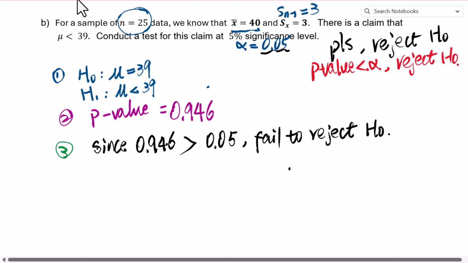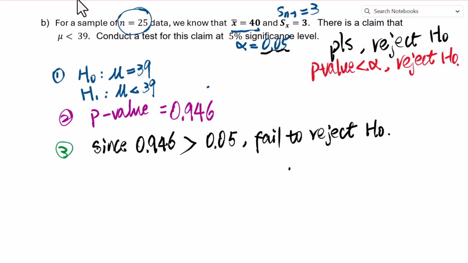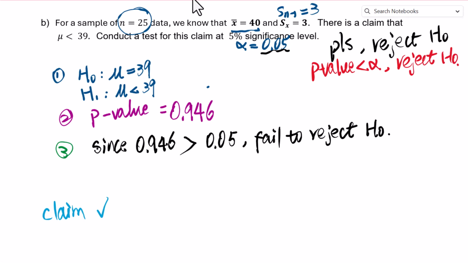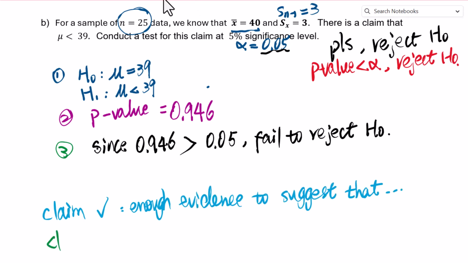How to write down the conclusion? You need to check which one is the claim. If claim with the check, you will write down enough evidence to suggest that. If your claim with a cross, write down not enough evidence to suggest that.